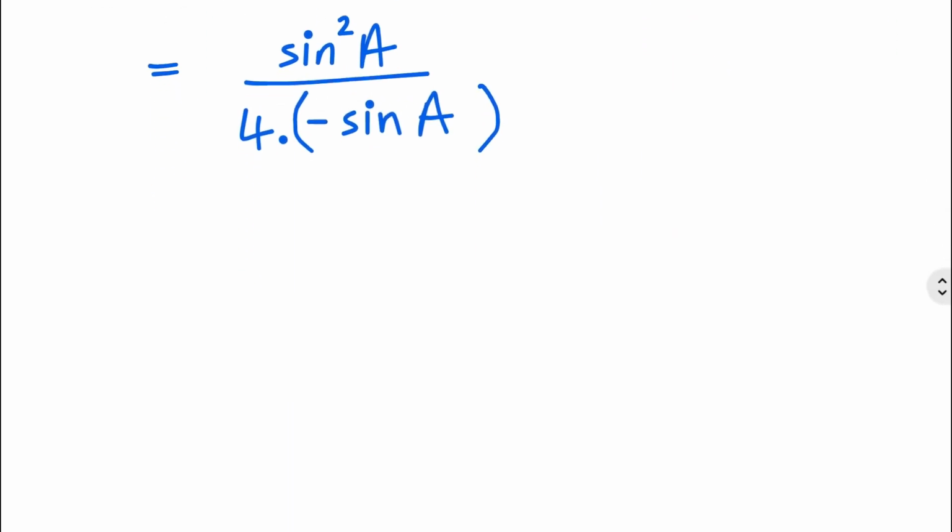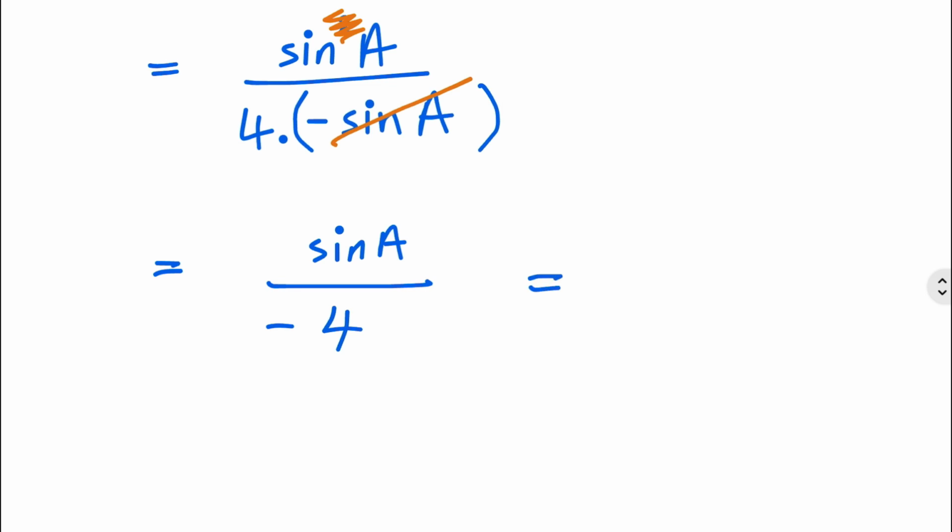We can continue simplifying. You'll see here that the sine in the denominator cancels out with one of the sines on top. Notice there are 2, so one of them is going to go away, and that leaves us with sine a at the top, just one of them, and negative 4 at the bottom.